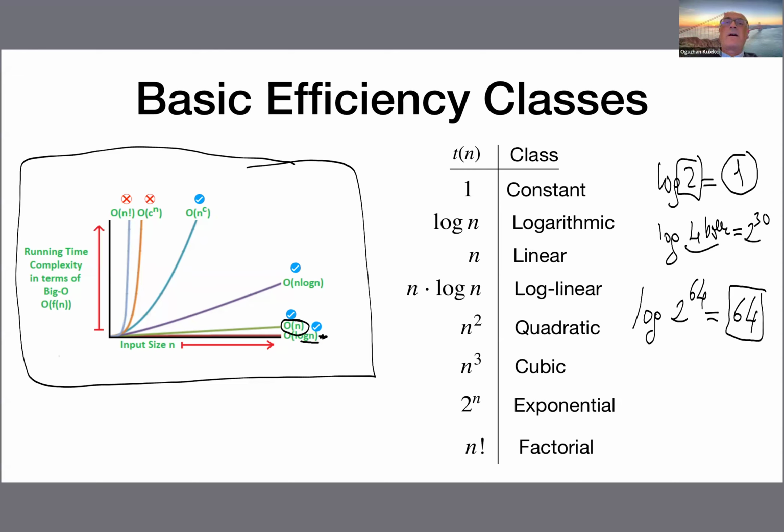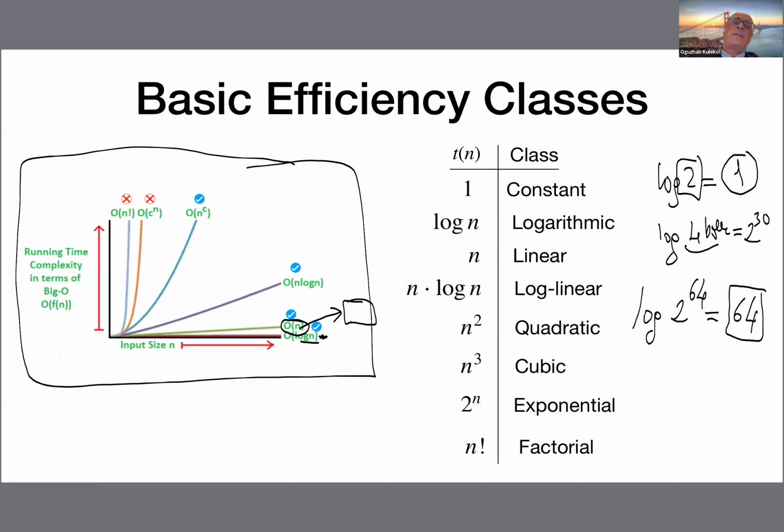Again, going back to our previous discussions, these measurements are accurate, but not precise, okay? So you say that when you double the input size, expect a doubling in the running time. Why? Because this algorithm is linear, okay?